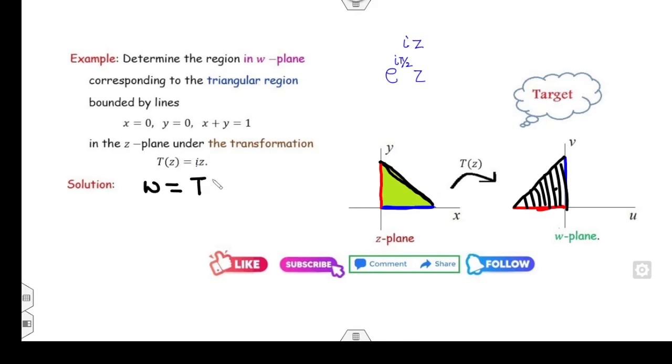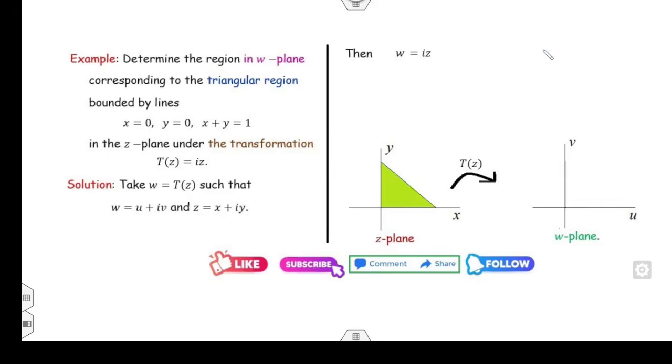I can start with W is equal to T of Z. I can substitute W as u plus iv, and Z is equal to x plus iy. Now you can find the values of u and v.